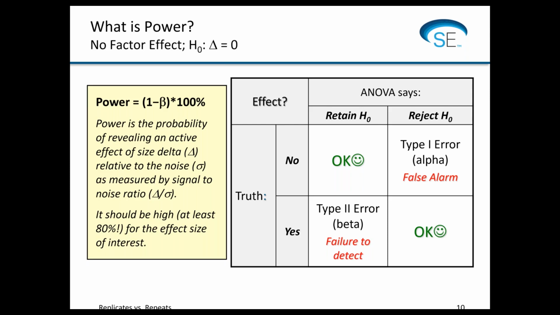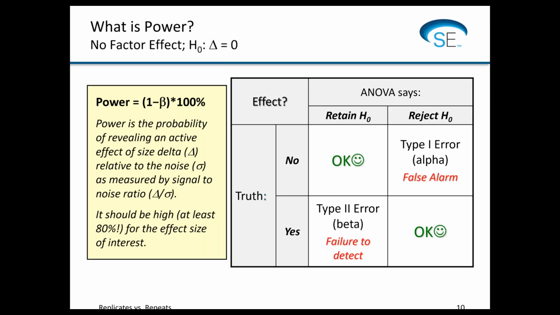Okay, so let's say that I'm varying a factor, I'm creating a delta. Well, the null hypothesis, that's that H0, says that there is no change. And that's what we test for when we do analysis of variance. So there's a truth, either changing the factor does create a change in the response, or it doesn't.